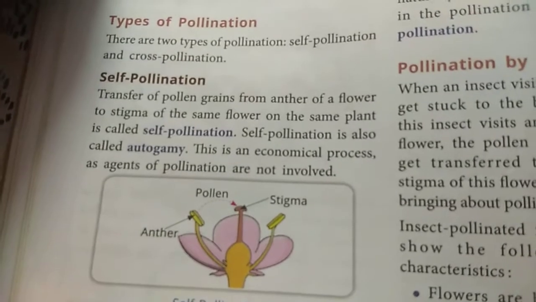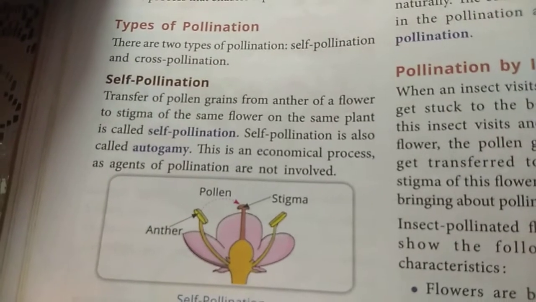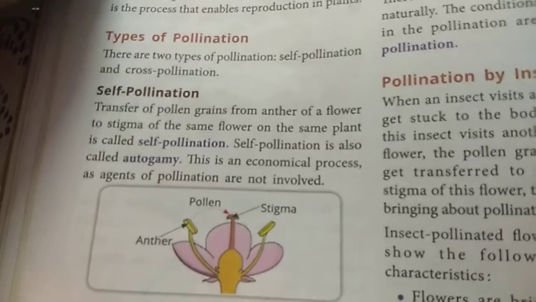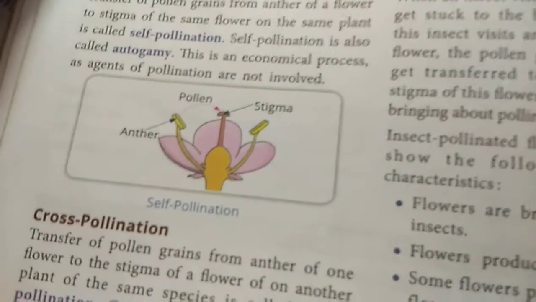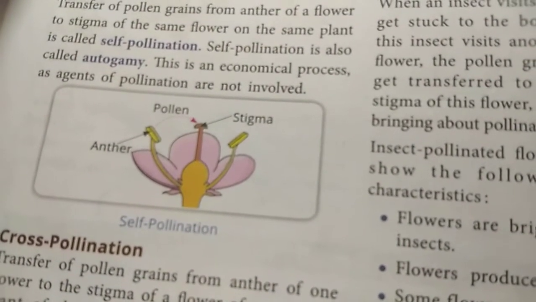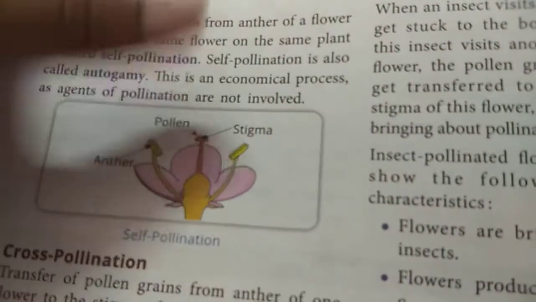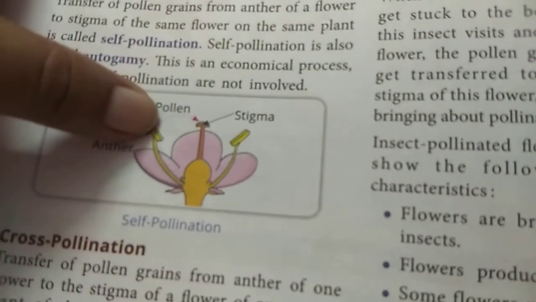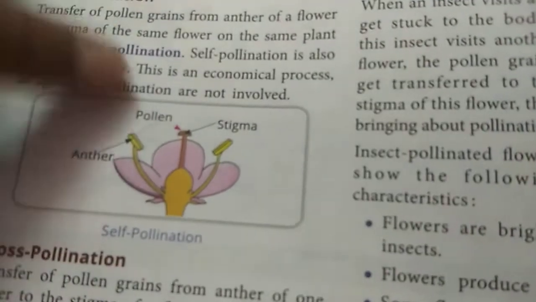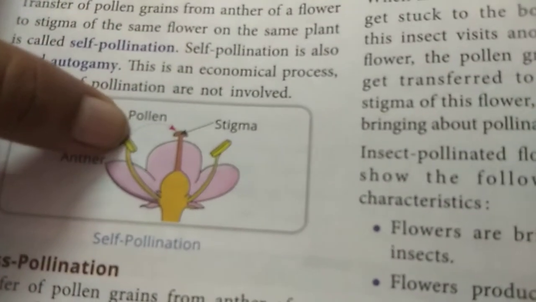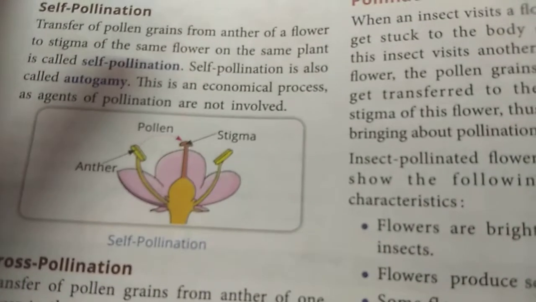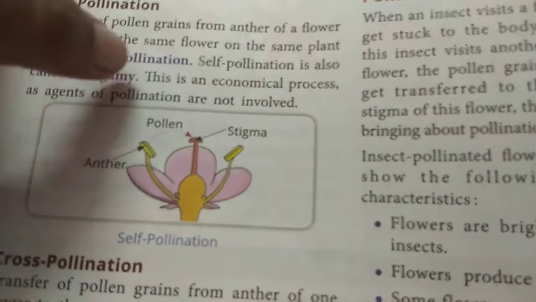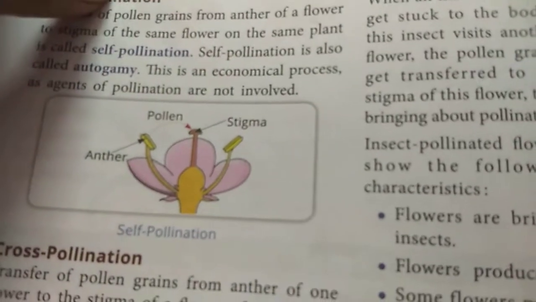So, the transfer of pollen grains from the anther of a flower to the stigma of the same flower. If the flower is a complete flower, or you can say a bisexual flower, then in one flower it will have the anther and also the stigma. So the transfer of pollen grains from anther to stigma will take place on its own.